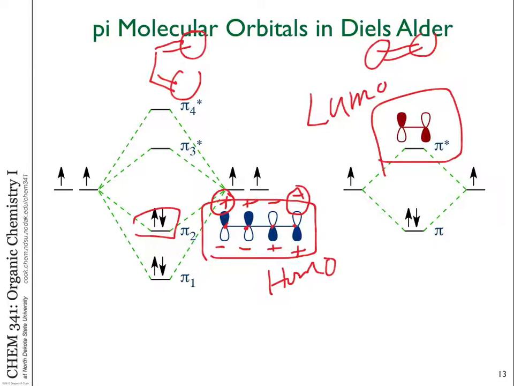And for the dienophile, we have a plus sign and a minus sign on either end of the dienophile, which is reacting. Those match. However you orient that, they have to be opposite. If we have the dienophile which has plus and plus on the same side, it doesn't match with this orbital being plus minus.